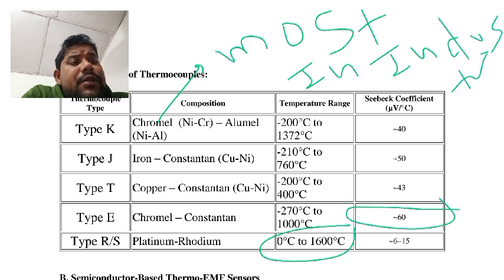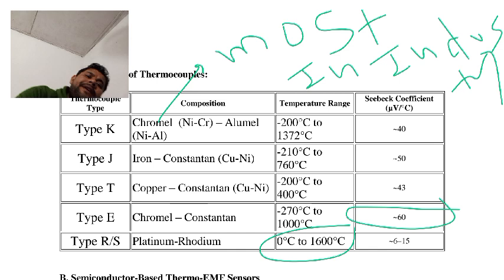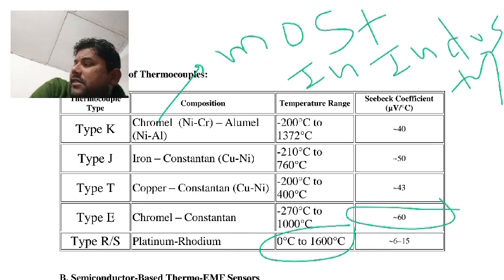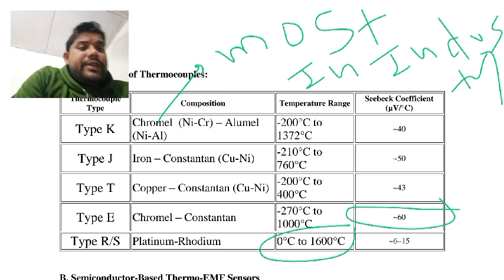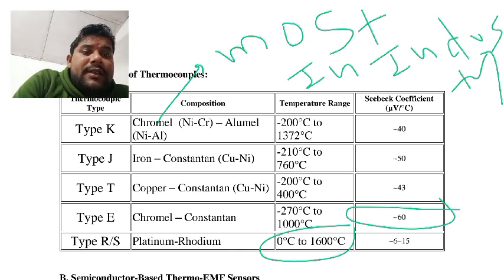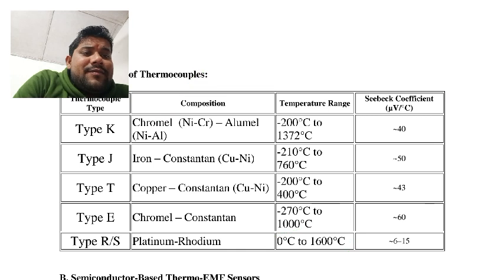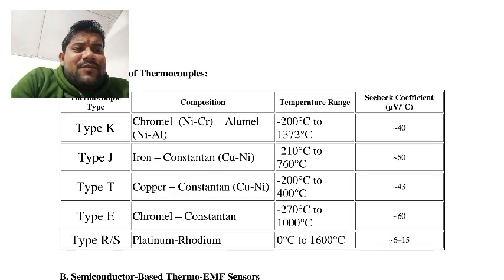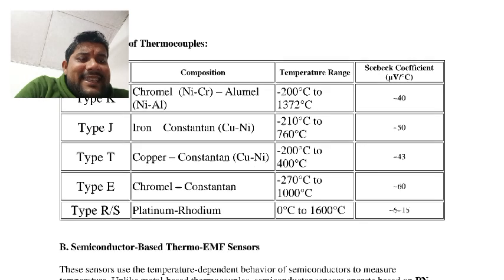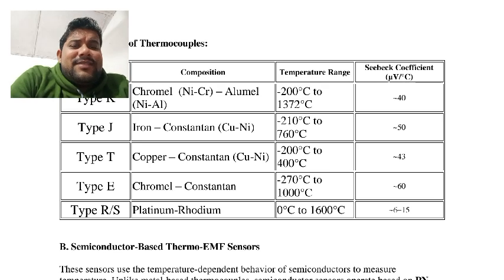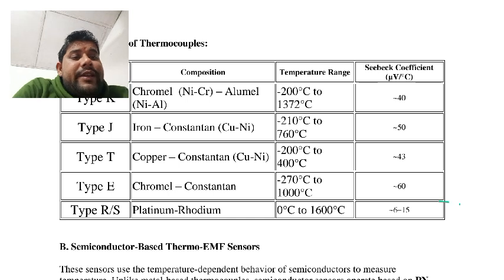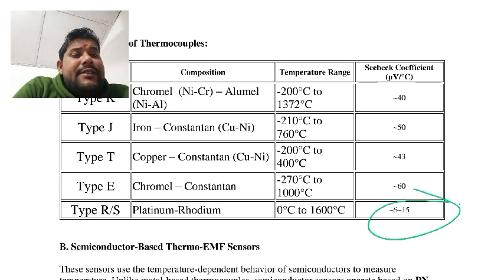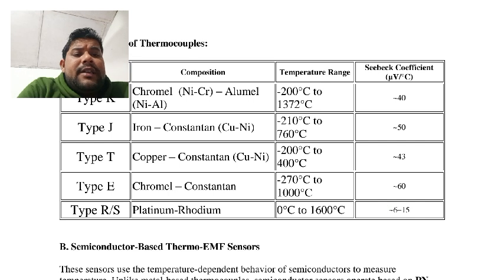Most used in industry. Iron constantan. Lowest sensitivity. This you have to know, highest sensitivity. In this way, they can ask the question.